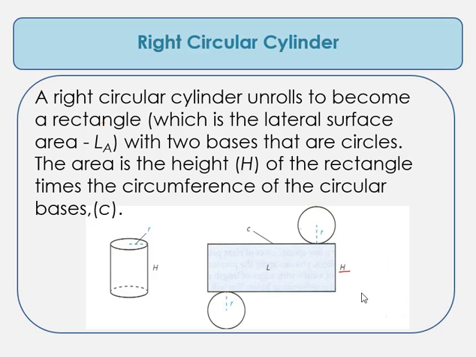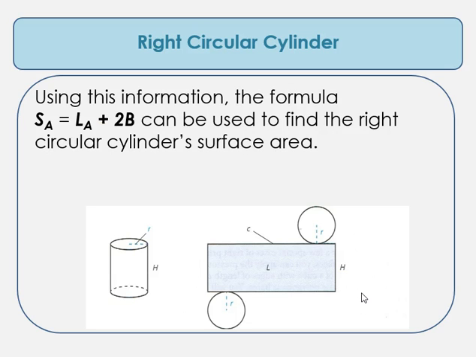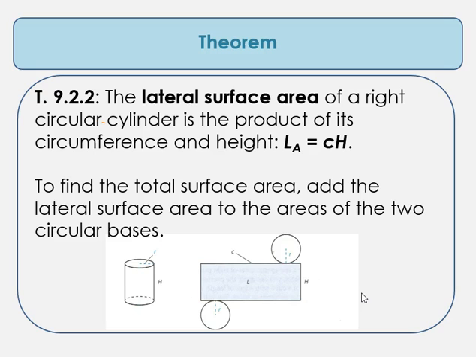C. So let me say that again. In our last formula we had PH, which was perimeter times height. In this one we'll have circumference times height because we're using circles. So using this information, the formula S equals L plus 2B can be used to find the right circular cylinder surface area. This is our same formula, but what's within the formula will be different.